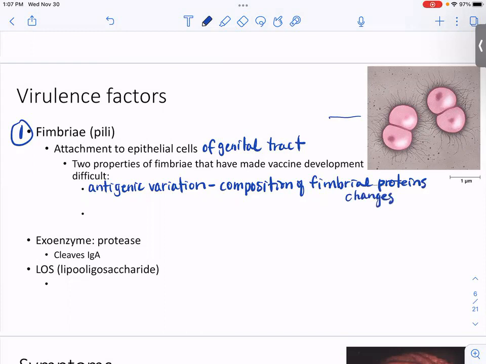And there are other organisms or even viruses that can do antigenic variation. HIV does it, influenza virus does it, COVID does it, but those are all viruses, and they tend to do that over kind of long periods of time, over months.